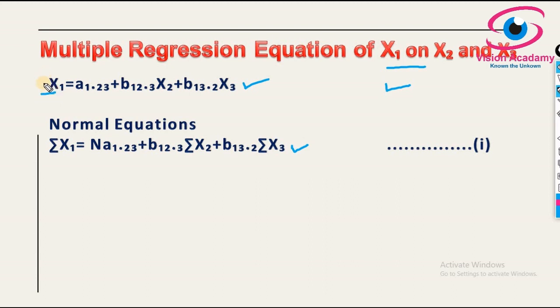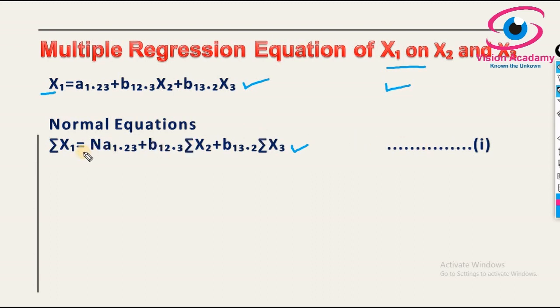For example, here we add summation x1, here a is multiplied by n, the number of observations, and here b12.3 is taken with summation x2, and here summation x3. So the first equation of the normal equation is the same as the basic equation.